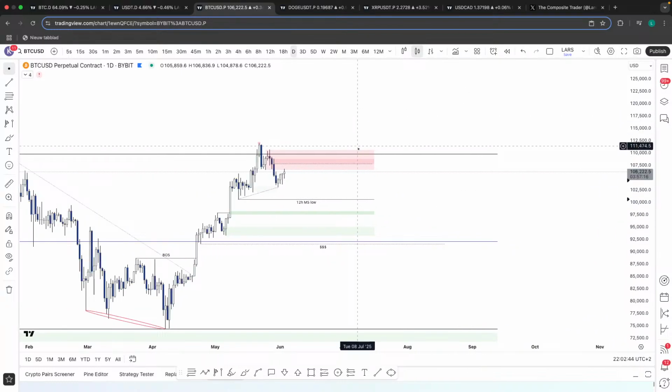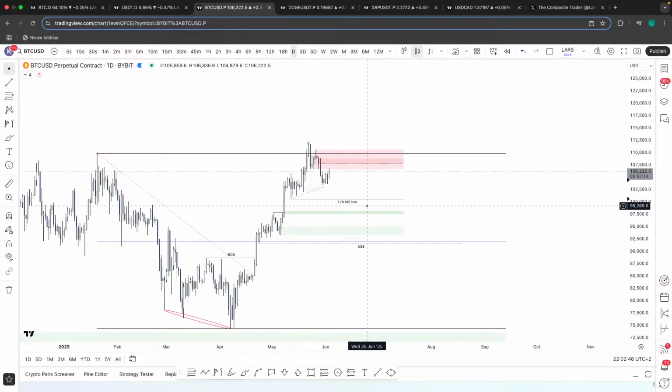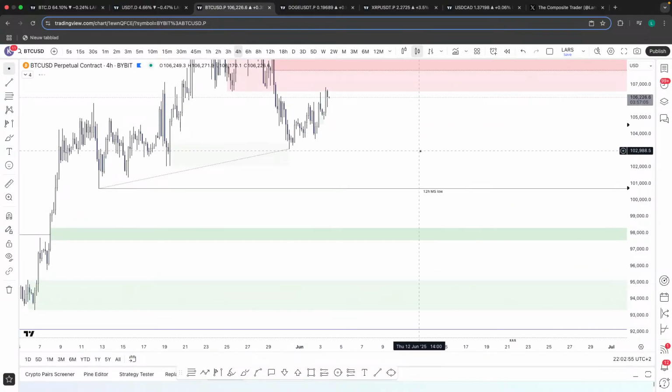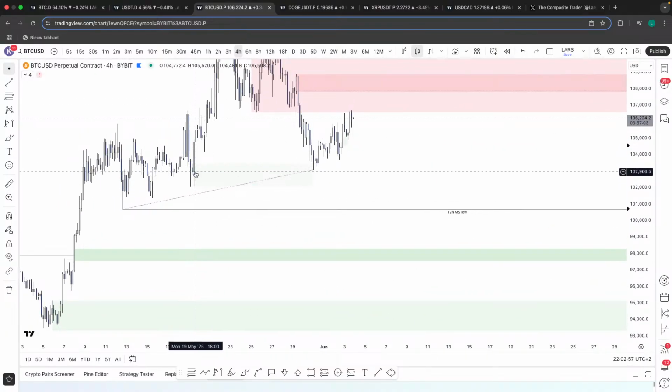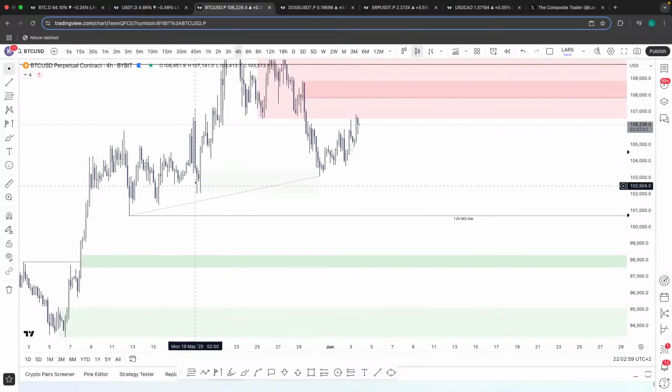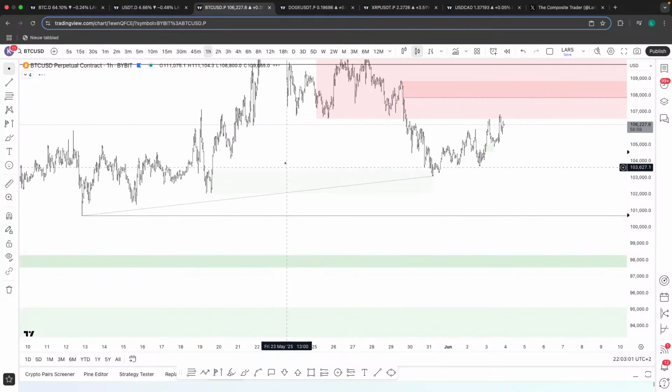So what I'm seeing here on Bitcoin is basically Bitcoin having that temporary bounce from that lower time frame structure demand POI that we were discussing yesterday, right? Where you can see it's a 4-hour order block, but it's also a lower time frame structure demand.